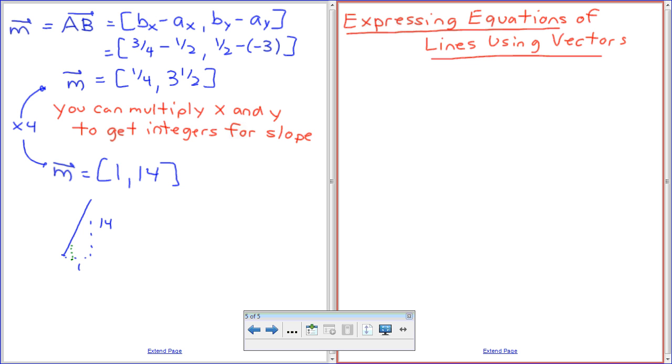Okay, so we're going to say here, the vector equation of a line is going to be vector R is equal to R0 plus tM.